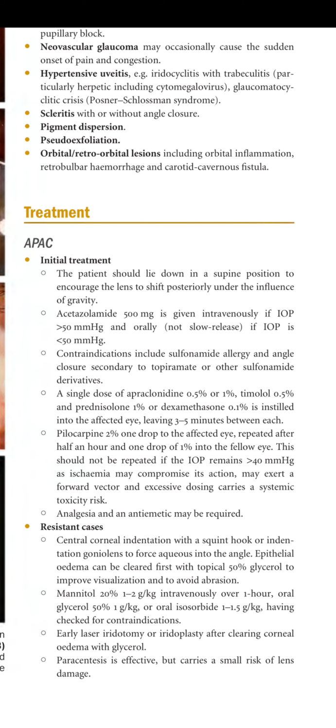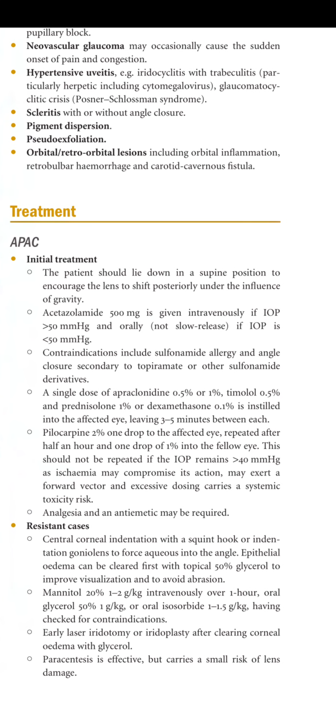A single dose of apraclonidine 0.5% or 1%, timolol 0.5%, which is a beta blocker, and prednisolone 1% or dexamethasone 0.1% is instilled into the affected eye, leaving 3 to 5 minutes between each.